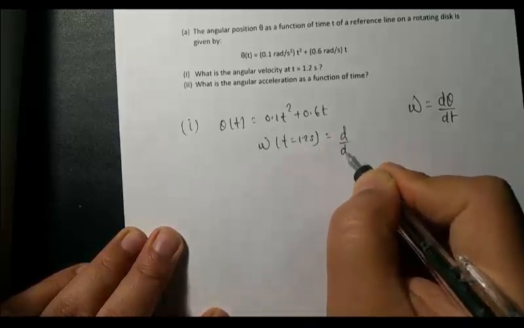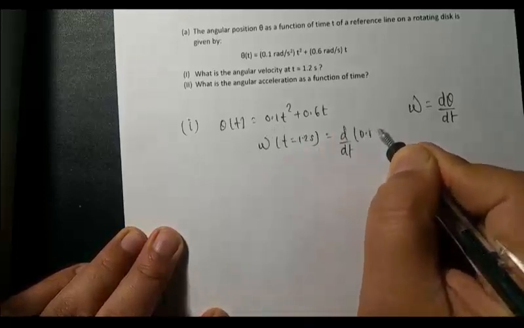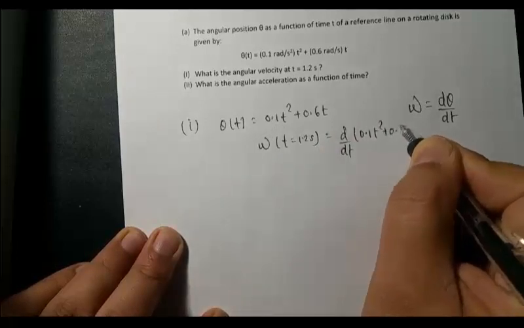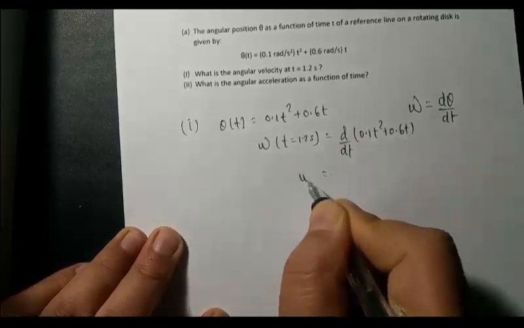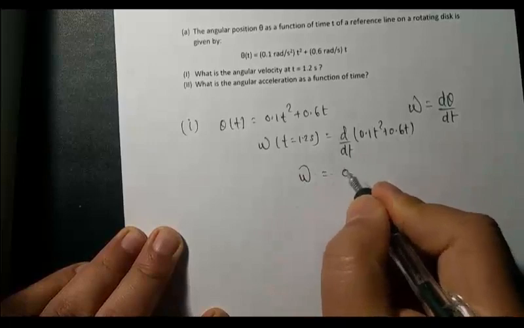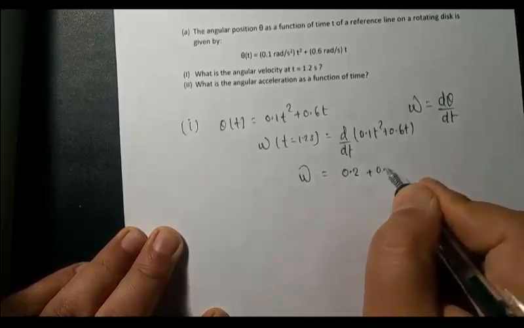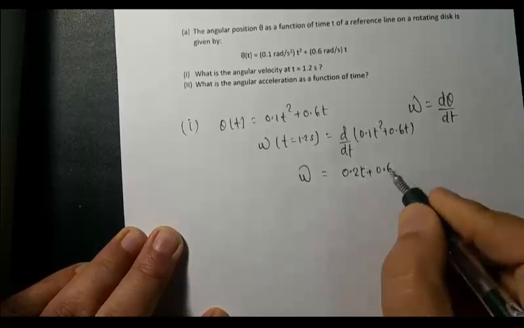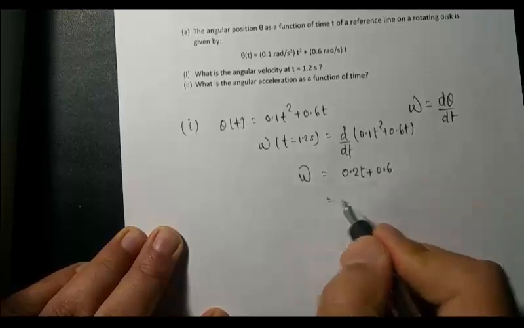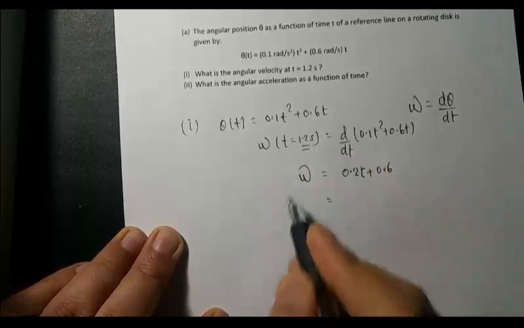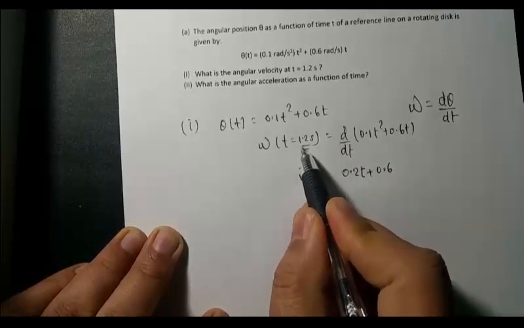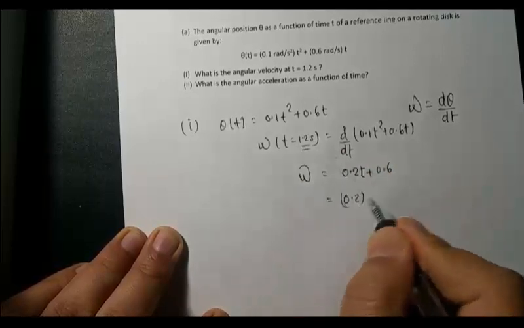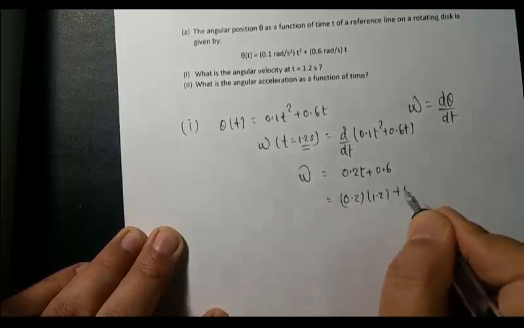So d over dt of this function is pretty easy. So 0.2 t plus 0.6. Now put t as 1.2 because we're finding the angular velocity at 1.2 seconds. 0.2 times 1.2 seconds plus 0.6.